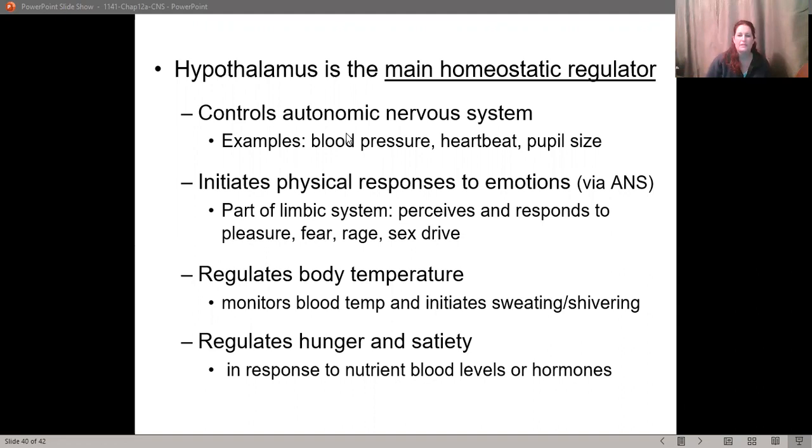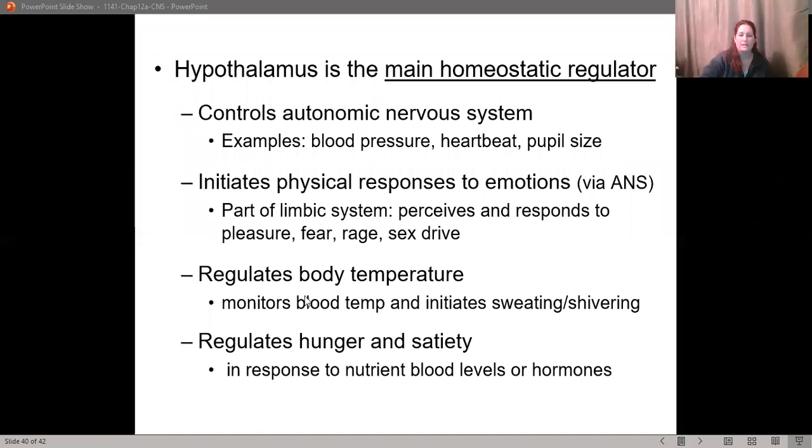This is why, if you're really stressed, and it could be good, it could be bad, I think I lost like 20 pounds in the 2 months leading up to my wedding, which I was super excited about, but super stressed out about too. Because those axons run through the hypothalamus, it'll change your hunger and satiety.